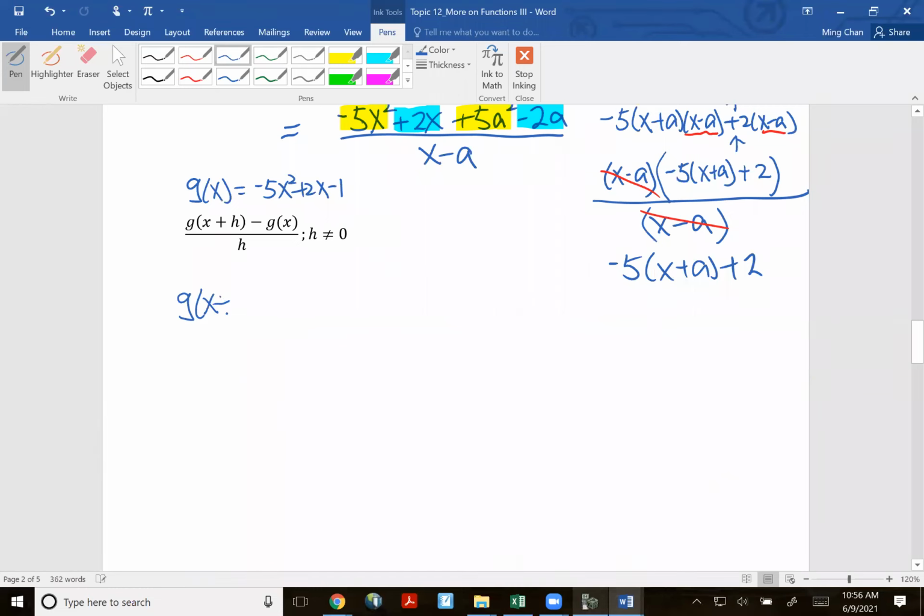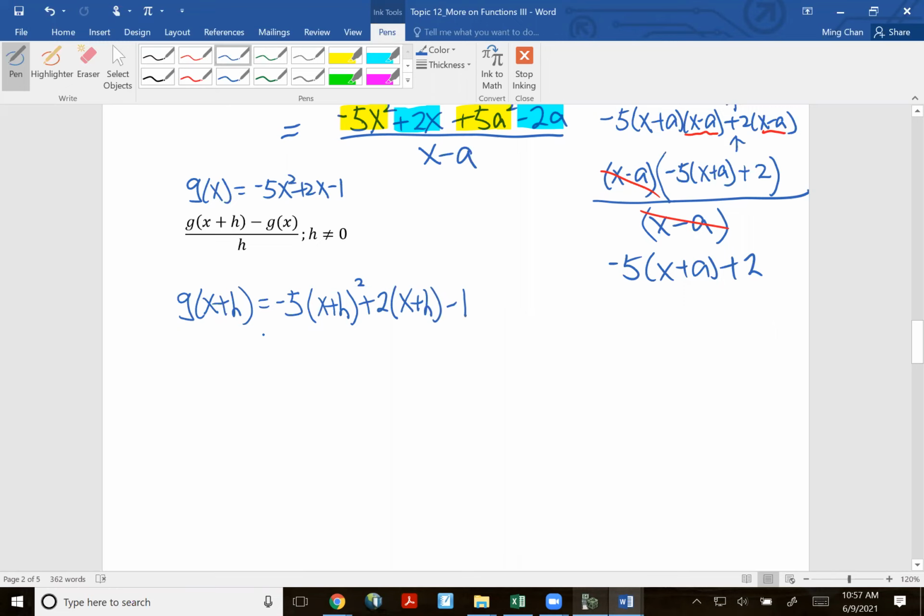So now I'm going to replace every x with x plus h. So that will be negative 5 times x plus h, whole thing squared, plus 2 times x plus h, minus 1.